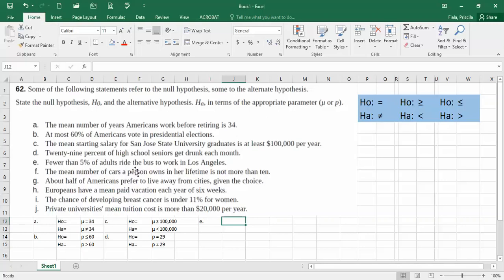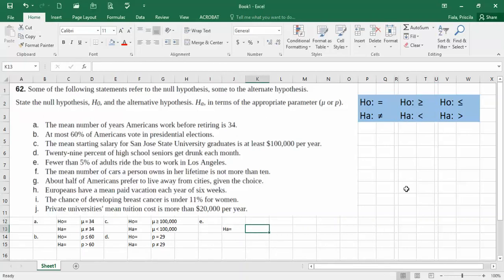Fewer than 5% of adults ride the bus to work in Los Angeles. So fewer than is not telling you equals. It's just telling you fewer than. Which one would be your choice? The only one for your alternative hypothesis, because it doesn't have an equality, is this one right here. So let's start with the claim.